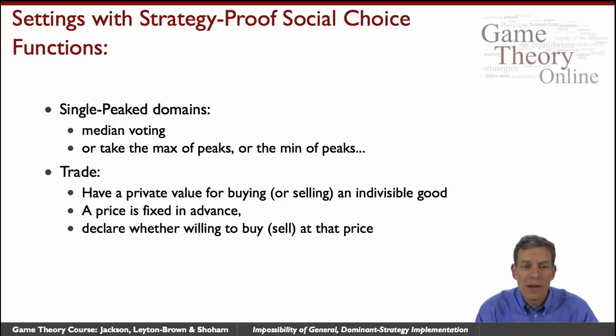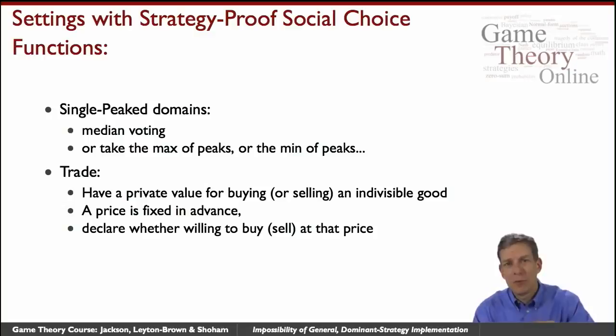Another setting is trade. Imagine that you have an indivisible good, a buyer and a seller, and they might have private values for how much they value the good, and you're trying to get trade to go on. One mechanism that works in that situation is just to fix a price. So say you can trade at a price of 10. Individuals say, at a price of 10, am I willing to trade or not?